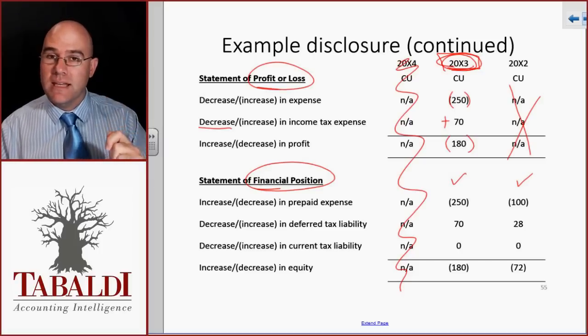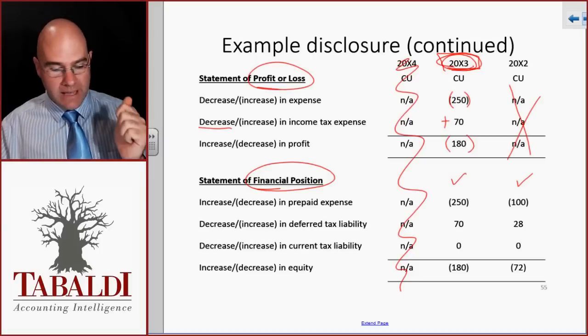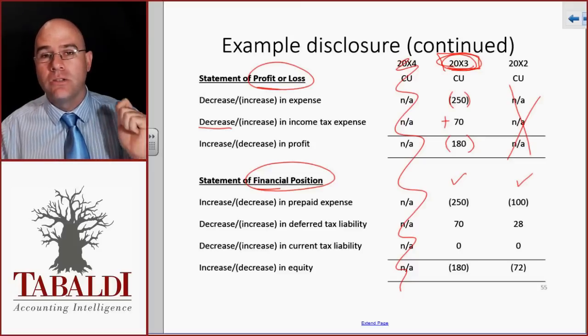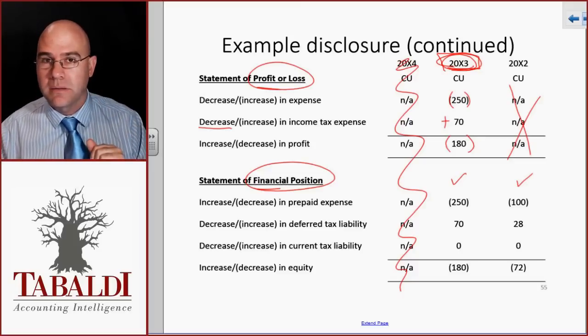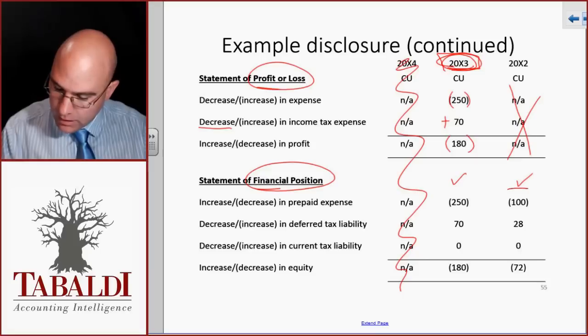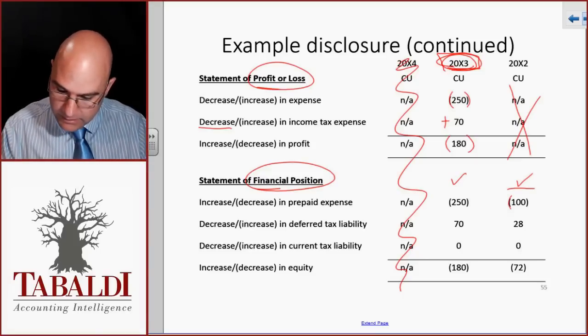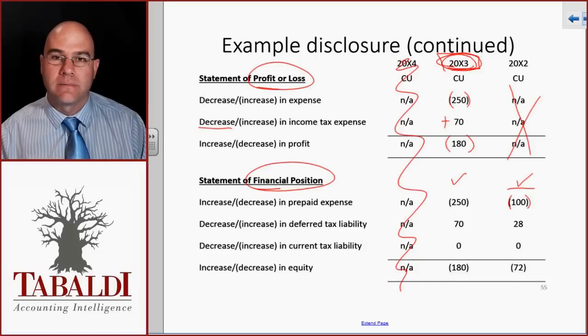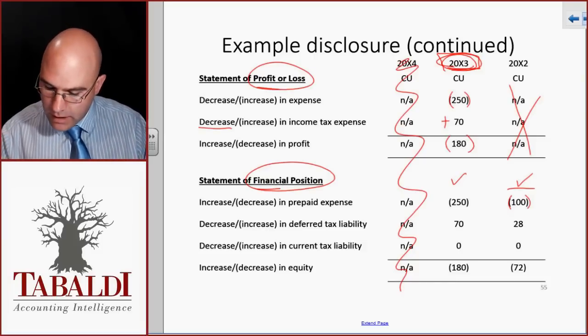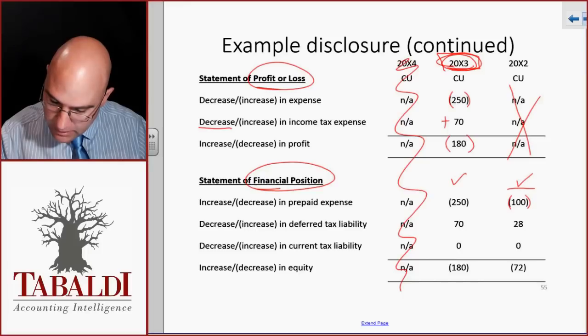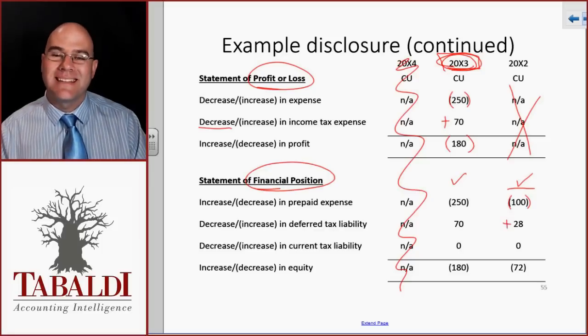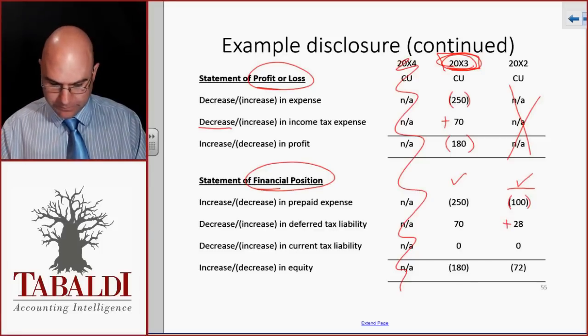Remember, when you restate the financial position side, you need to do 2 prior years, please. So that's what I'm doing. Second prior year, I had a decrease in the prepaid expense. Okay, went from 400 to 300. Along with that, there was a decrease in deferred tax liability, which increases the net asset position.